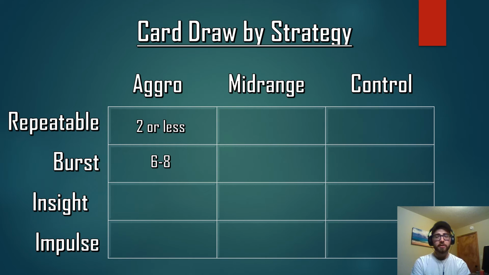So I play a Tanazir deck that I really enjoy and will be using as the example for aggro, for how you would best accomplish that. It usually wins the game by turn 5 or 6, and the reason that it can do that is because what I do is a ton of burst card draw.